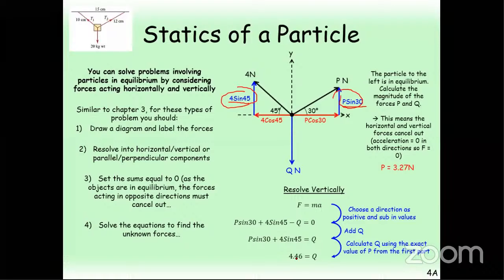Those who have calculators nearby, we can input and see if that is the value we get. Anyone with a calculator? To just confirm? Okay, it is 4.46.